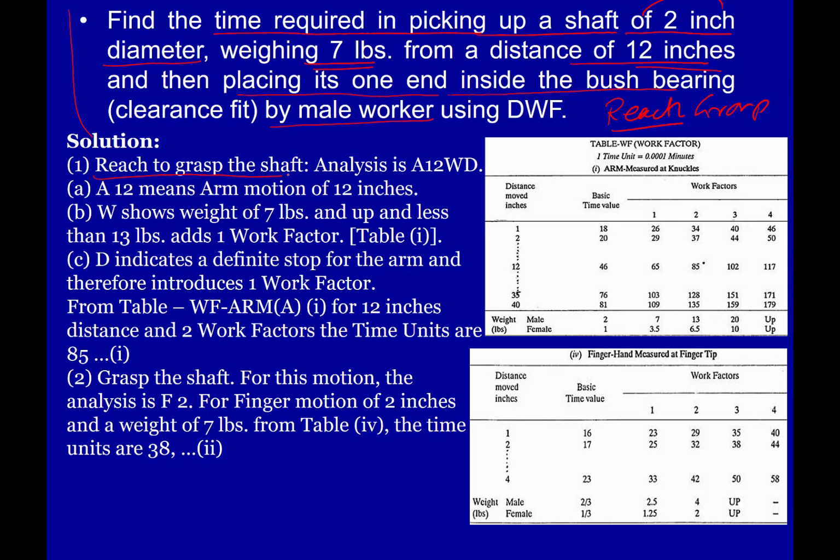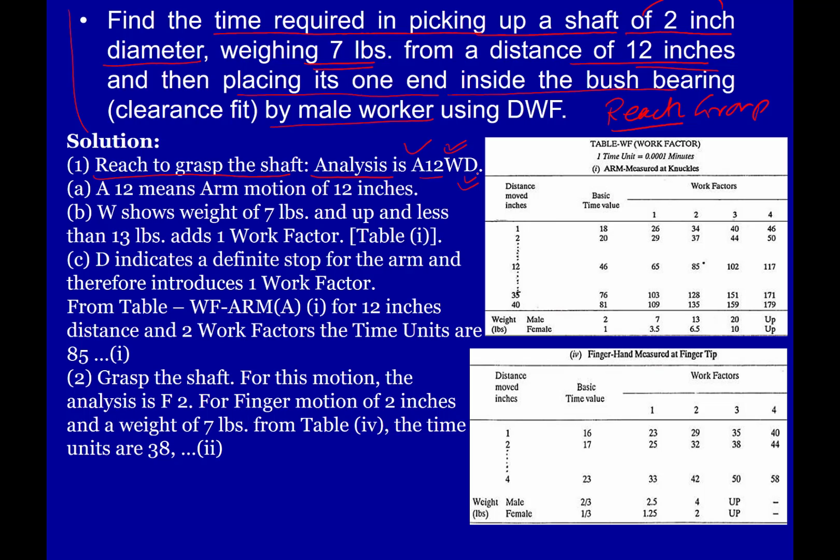Reach to grasp the shaft is analyzed as the arm is moved by 12 inches to get the weight of 7 pounds. This is the analysis of the job for this element. D is the definite stop.